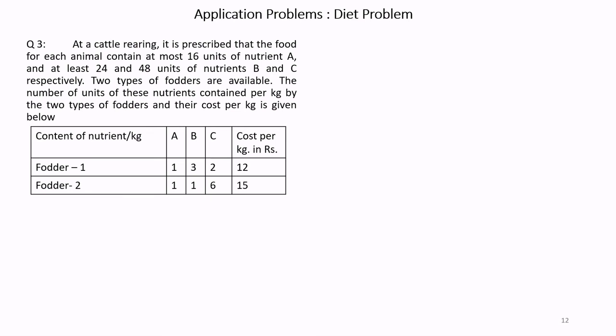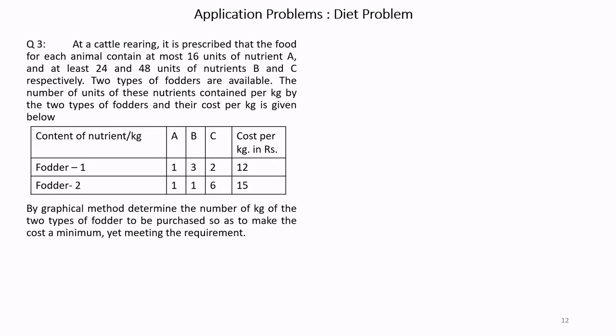Fodder 2 has 1 of nutrient A, 1 of nutrient B and 6 of nutrient C. The cost per kg is 12 rupees for fodder 1 and 15 rupees for fodder 2.